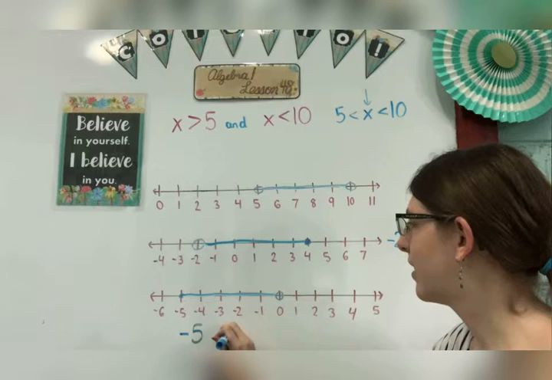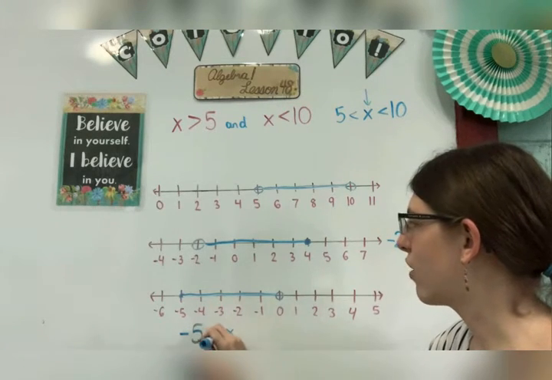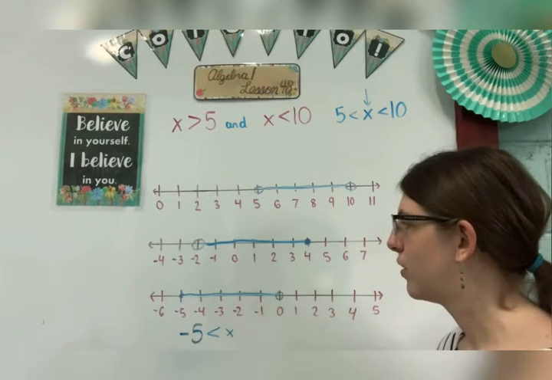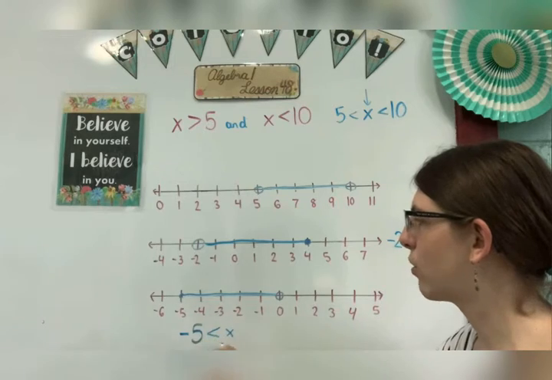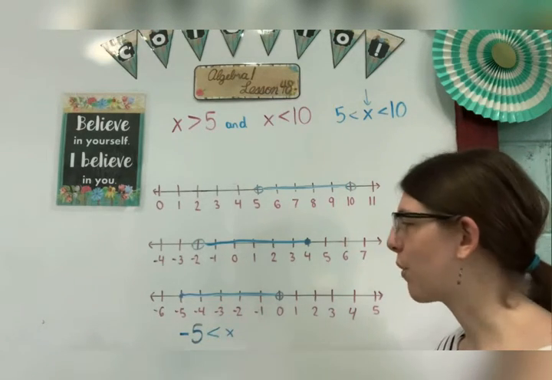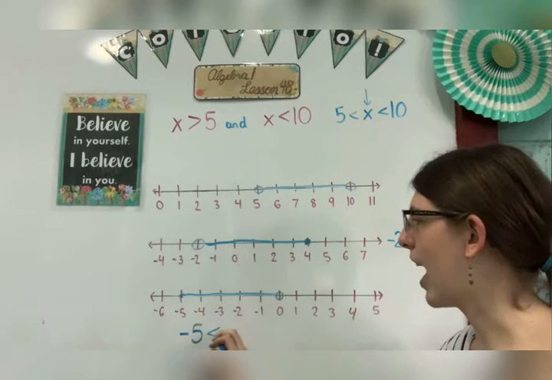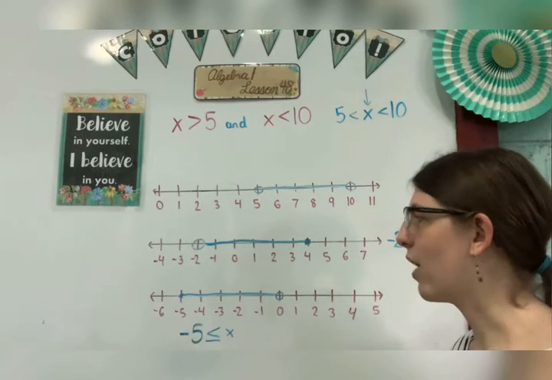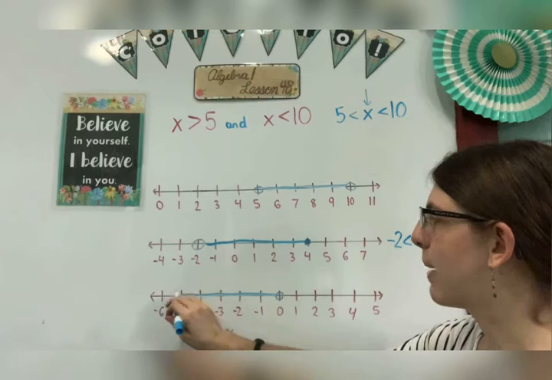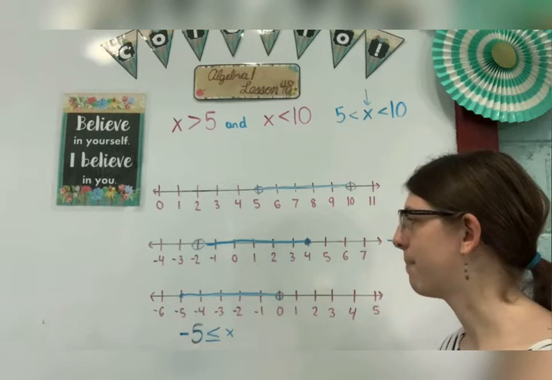So the x, it's greater than -5. So the -5 has the smaller end towards it, the x has the greater end towards it because the numbers are bigger than -5. But it also has to say or equal to because my circle is filled in.